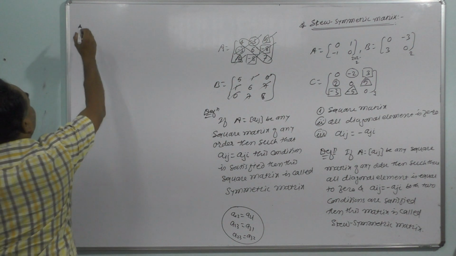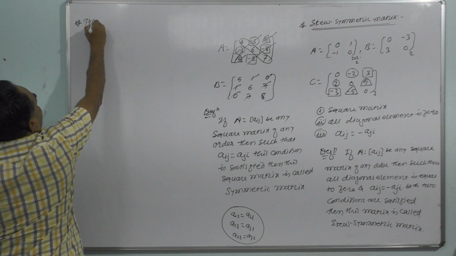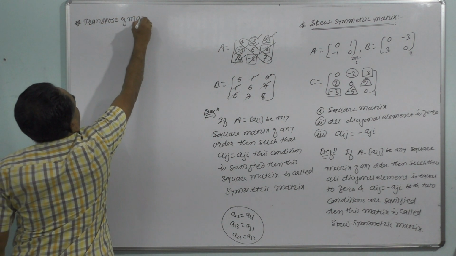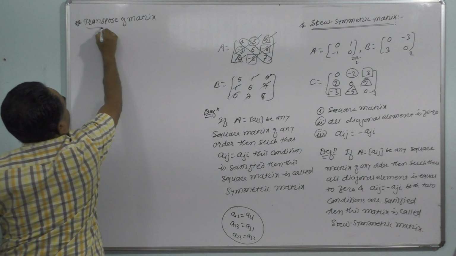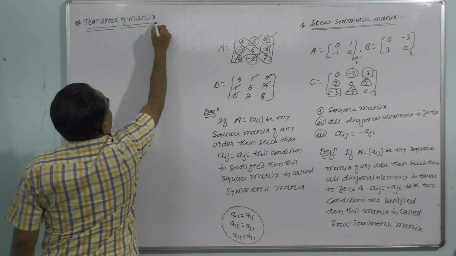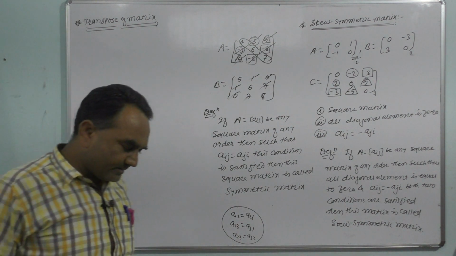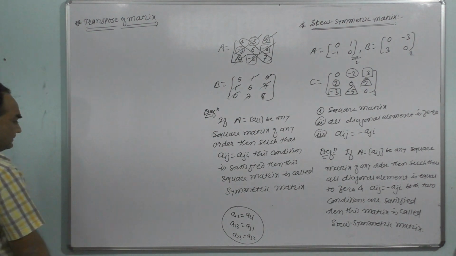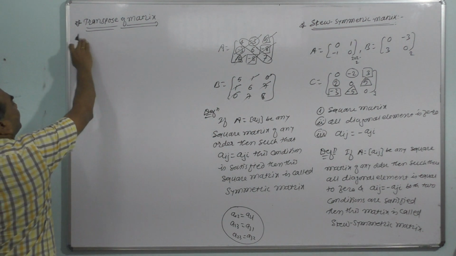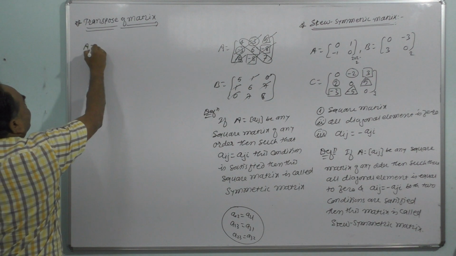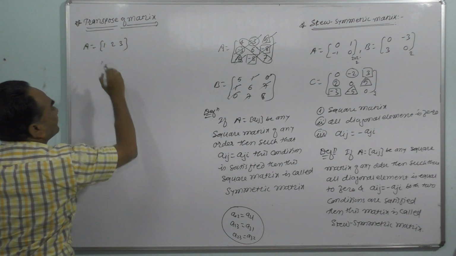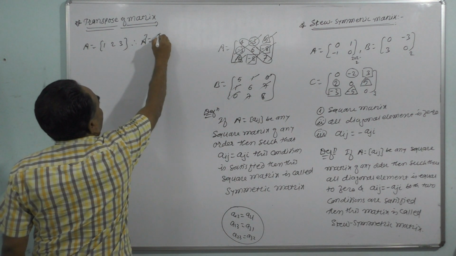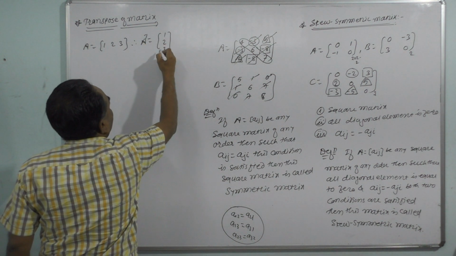Transpose of matrix. Okay, what is meant by transpose of matrix? For example, A is equal to [1 2 3], and therefore A transpose is equal to the column [1 2 3].